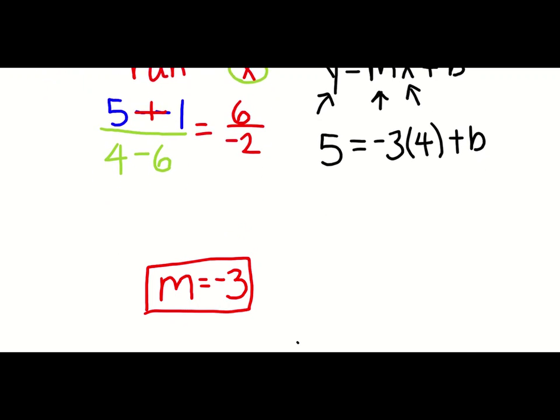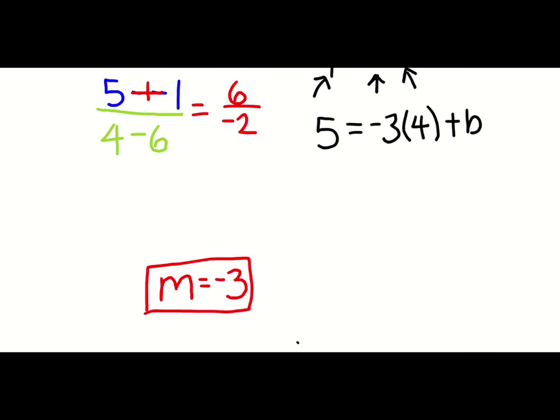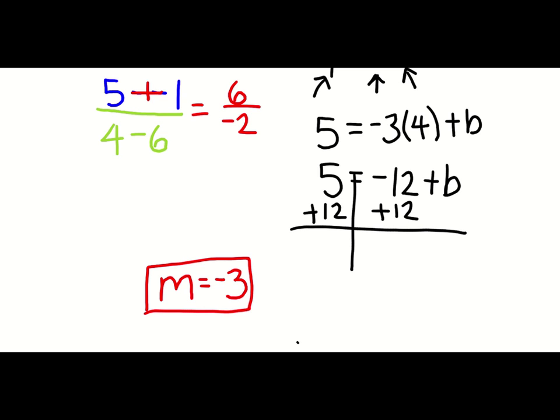So, -3 times 4, that's -12. Drop down plus b. And then I need to add 12 to both sides to get b by itself. So my y-intercept is at the number 17.